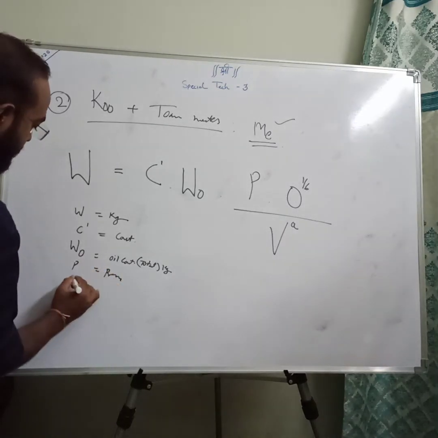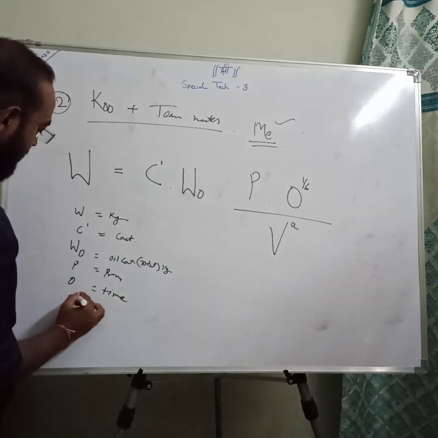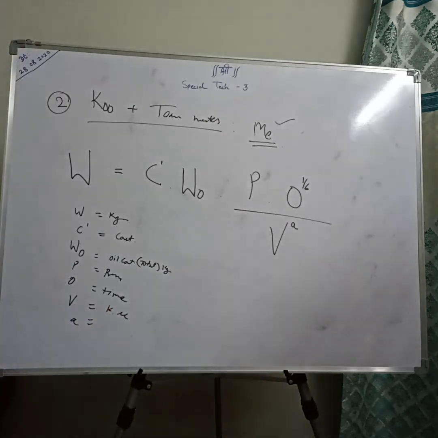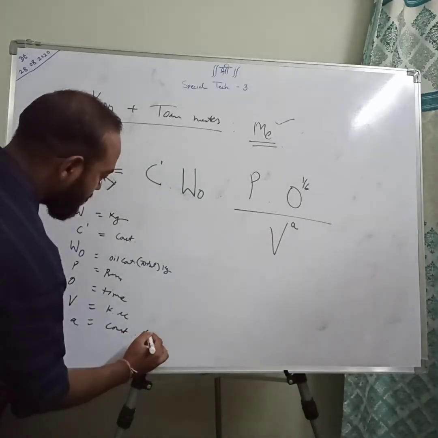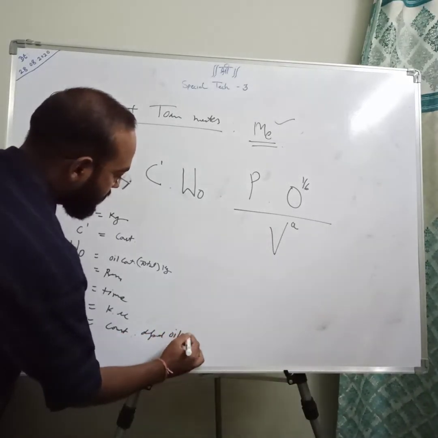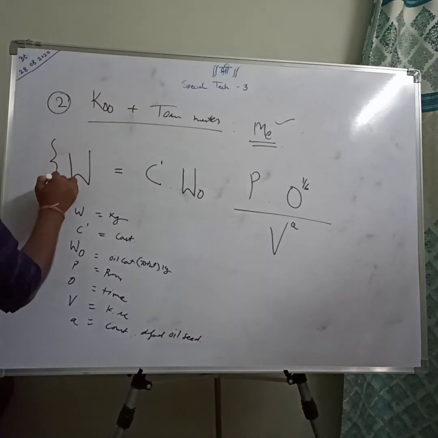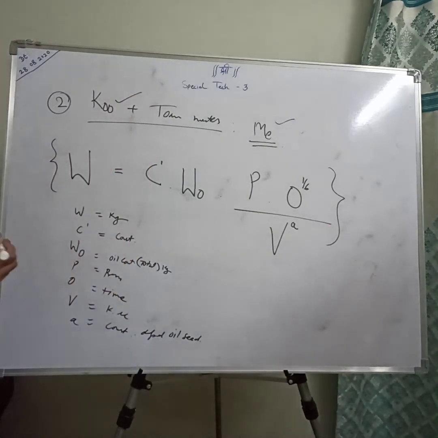Capital O is the time of operation. Capital V is the kinematic viscosity, and small a is a constant that depends on the oil seed. This equation is known as the empirical equation derived by Hu and his teammates.